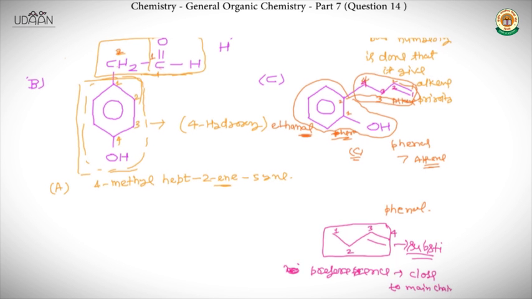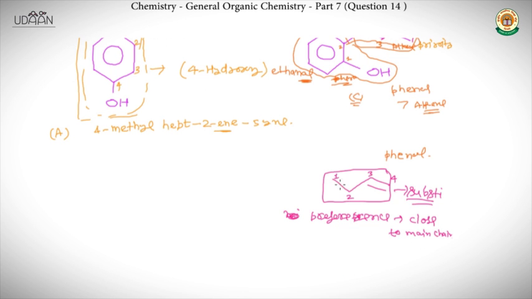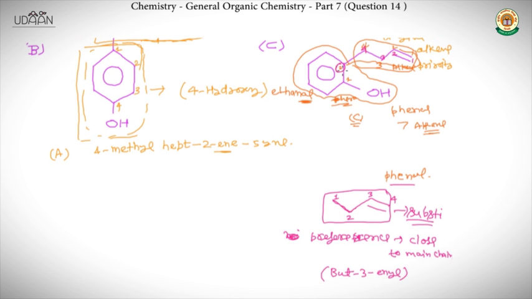So the name of this side chain would be but-3-enyl, and it is attached at its second position, like here. So it is 2-(but-3-enyl)phenol. This will be the correct one. Always remember, I did that part to confuse you, to check whether this is correct or not. You have to ask yourself and confirm that this is the right numbering.